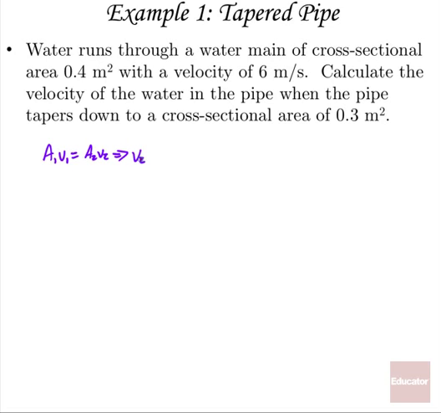Therefore, velocity 2 at the skinnier section of pipe must be equal to A1 over A2 times V1, or 0.4 divided by 0.3 square meters times that 6 meters per second, or 8 meters per second. It gets a little narrower, it gets a little faster.